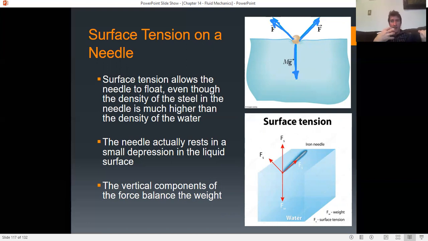A needle has a lot of surface area for very little volume. But we know as we scale anything up, the surface area generally goes by the square of its dimensions, whereas the volume, which is related to the mass, goes by the cube. So volume gets bigger faster than area. Only very small objects can use surface tension to prevent them from sinking.